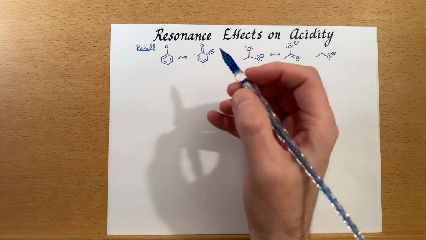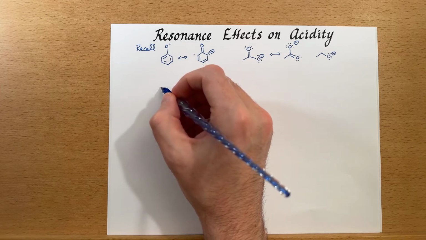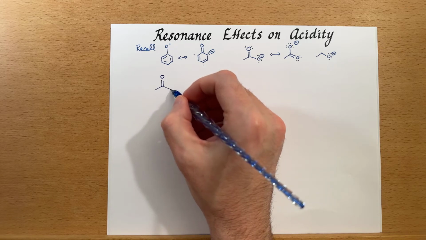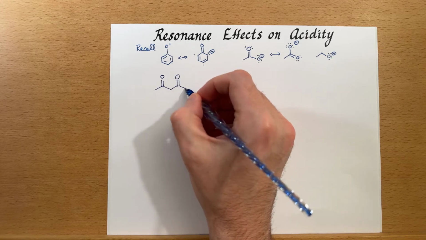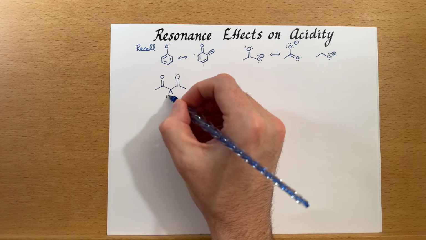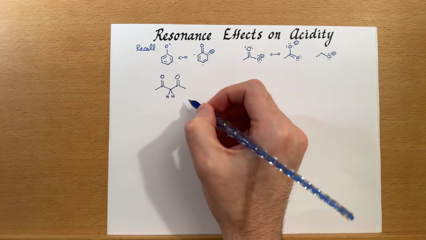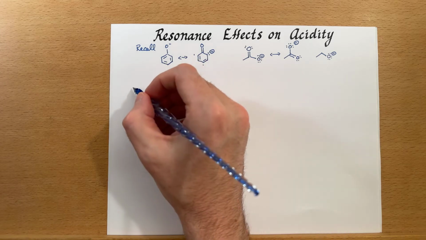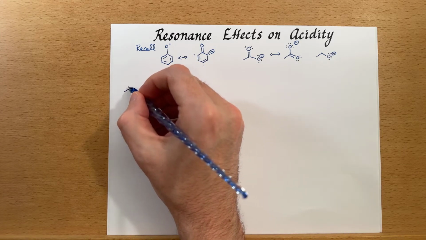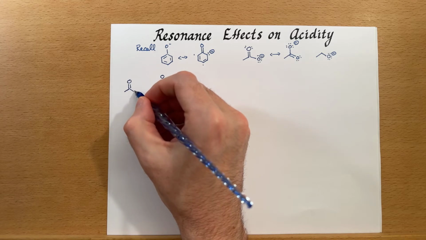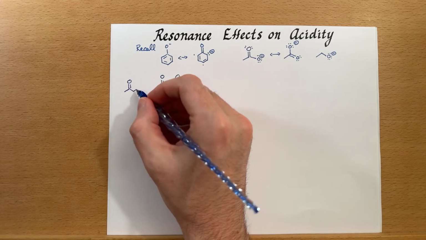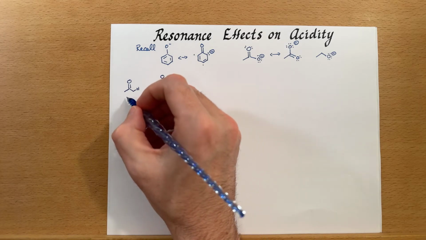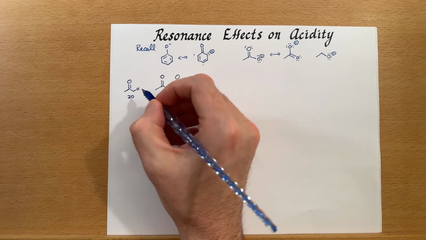Let's look at some more examples here. Now, if you remember, by thinking back to acetone, and these protons right here, I'll draw one in. These protons have a pKa of about 20.